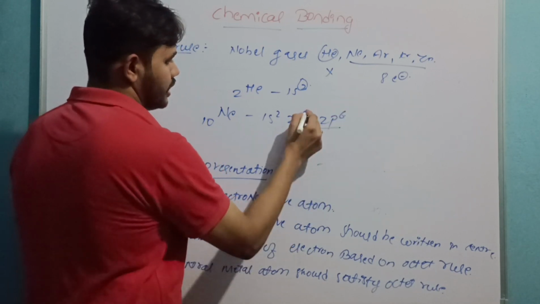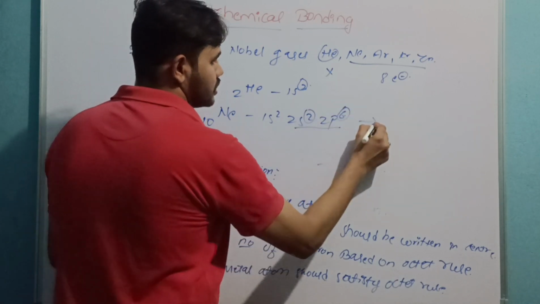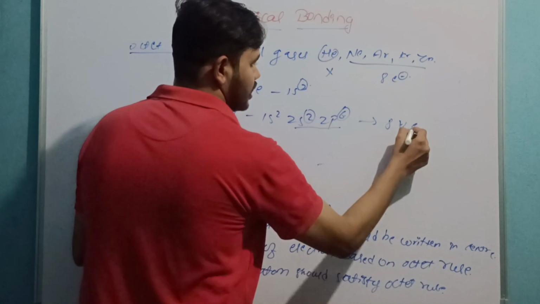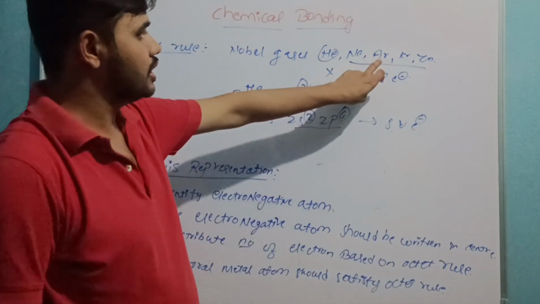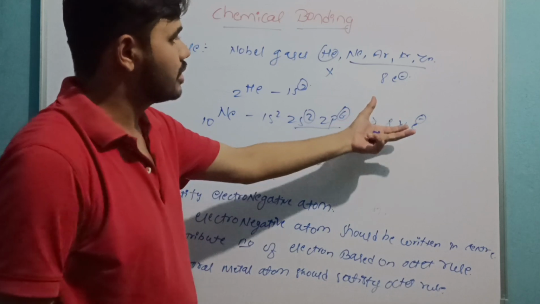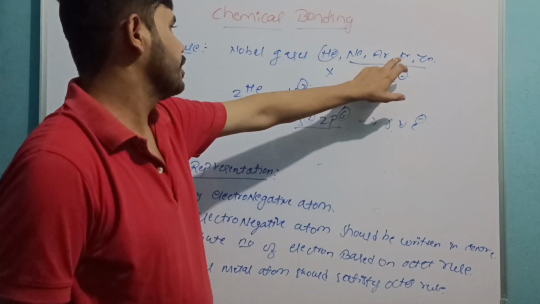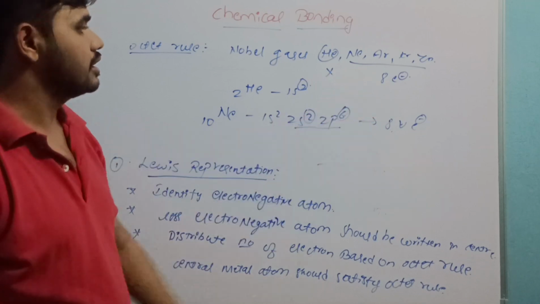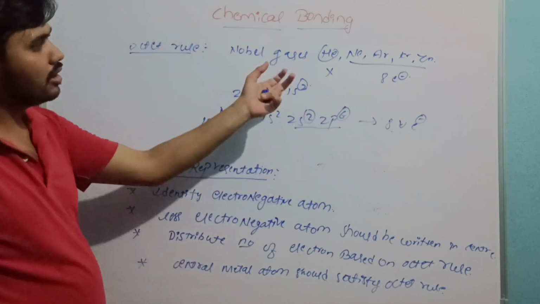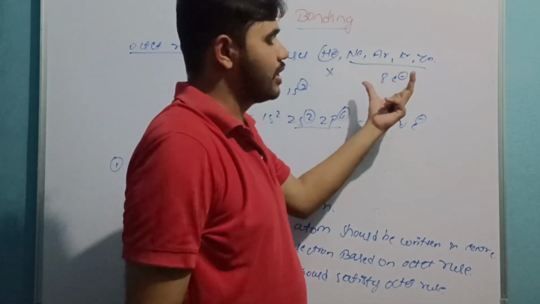In the outermost shell it has 2 plus 6, 8 valence electrons. Similarly, argon, krypton and radon also have 8 valence electrons. Except helium, all noble gases have 8 valence electrons.